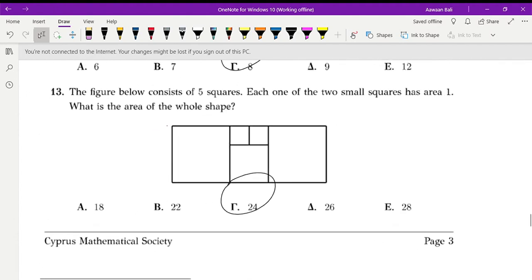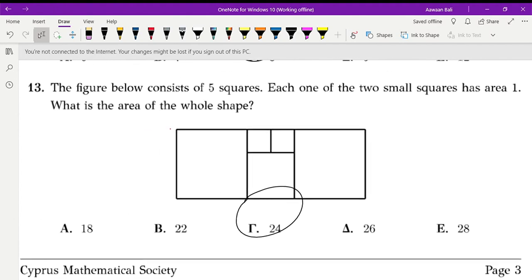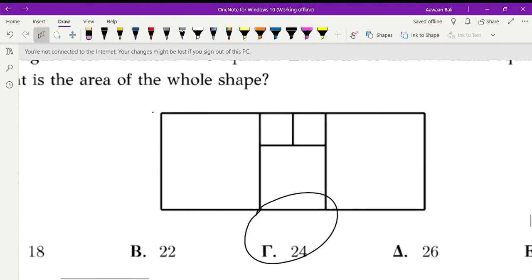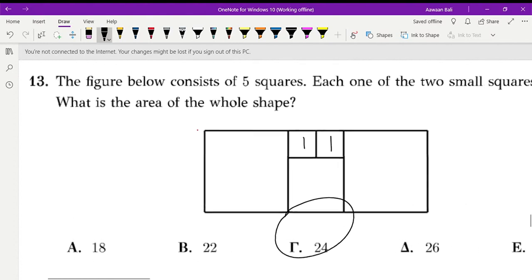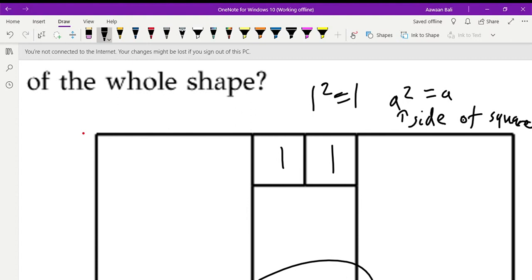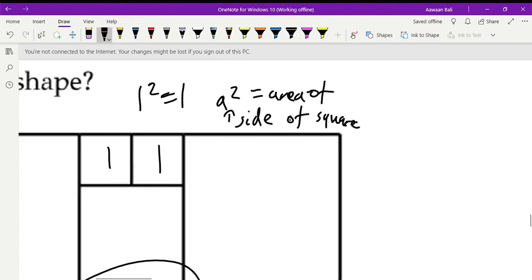Now, question number 13. The figure below consists of 5 squares. Each one of the two small squares has an area of 1. So what's the area of the whole shape? As we know, 1 squared is 1, and since a squared, where a is the side of a square, is the area of a square, we know that the side of the smallest squares is 1 itself.